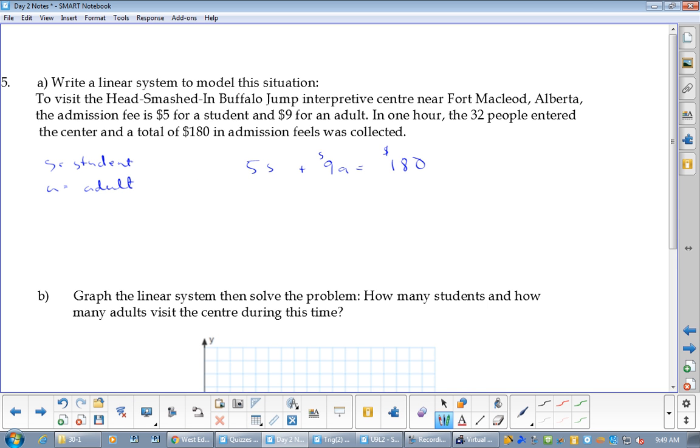And you can even put money there. So you always do your money statement, and then you do your number statement. Okay, what's my number statement? S plus A equals 32. Okay, so money and number. Might be number of people, right? In this case, it is.